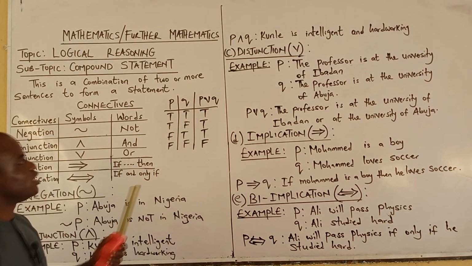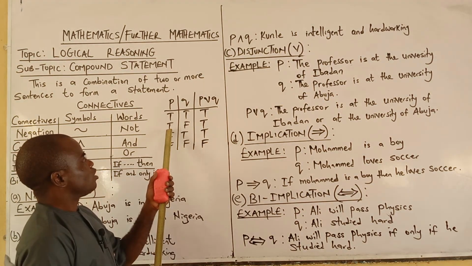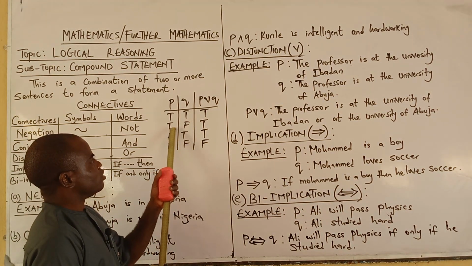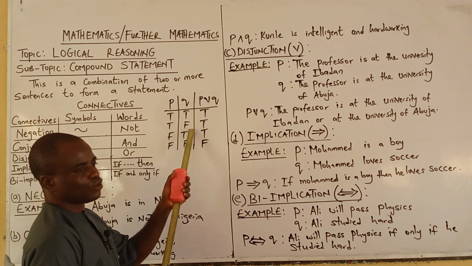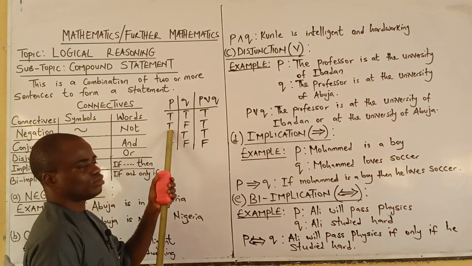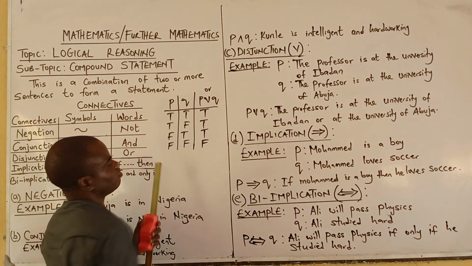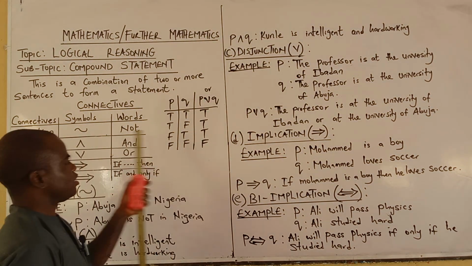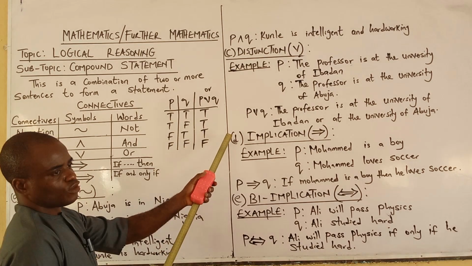Under disjunction, it gives the option of picking true when you have two sentences having true and false. You pick the true because of the or in between. But if it is under conjunction, which is and, true, false will give us false.